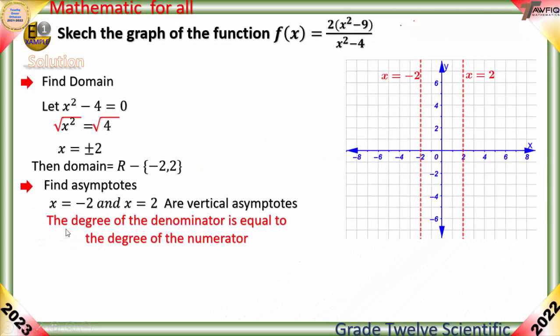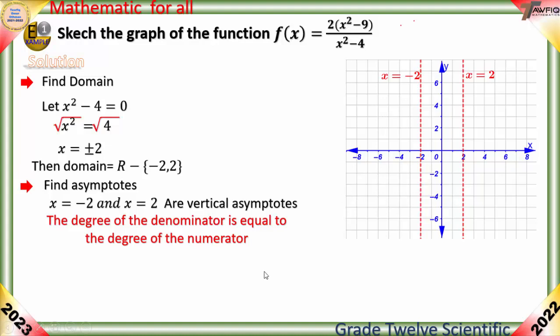Because the degree of the numerator is 2 and the degree of the denominator is 2, that means the degree of the denominator is equal to the degree of the numerator.